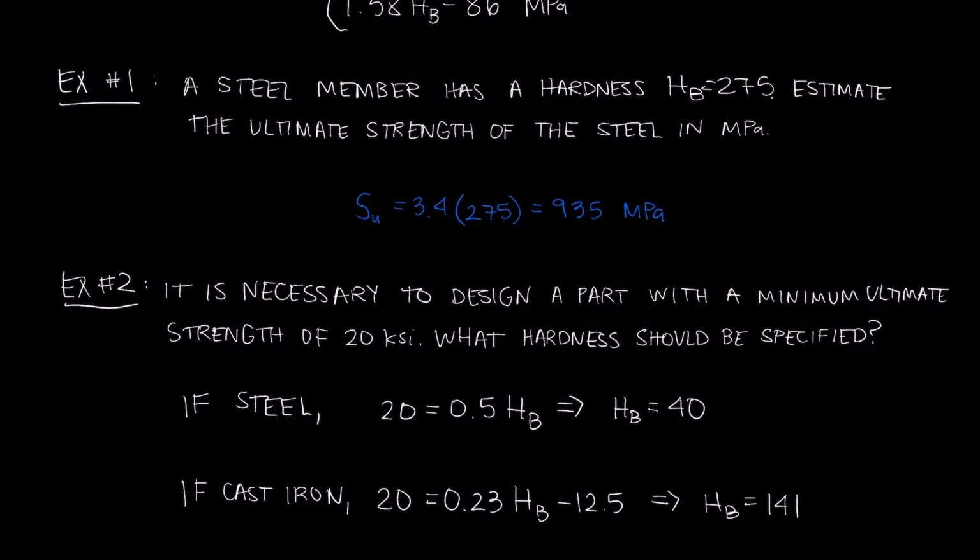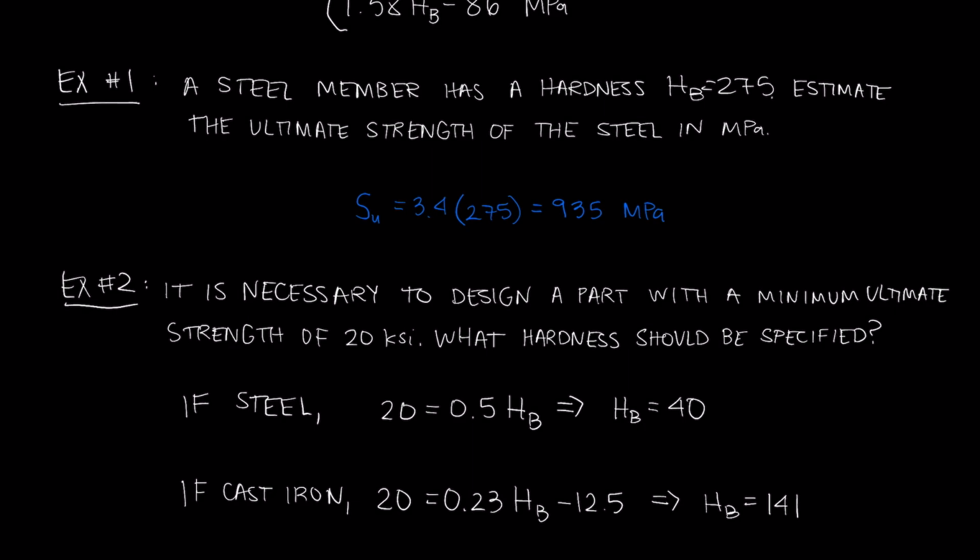This is a pretty common practice for QA, QC, right? Let's say that I want to design a part with a particular ultimate strength. Then once I've produced a lot of those parts, I can pull one or two out of that lot and use a hardness test, which is non-destructive, so I'm not damaging or ruining the merchandise that I've produced.